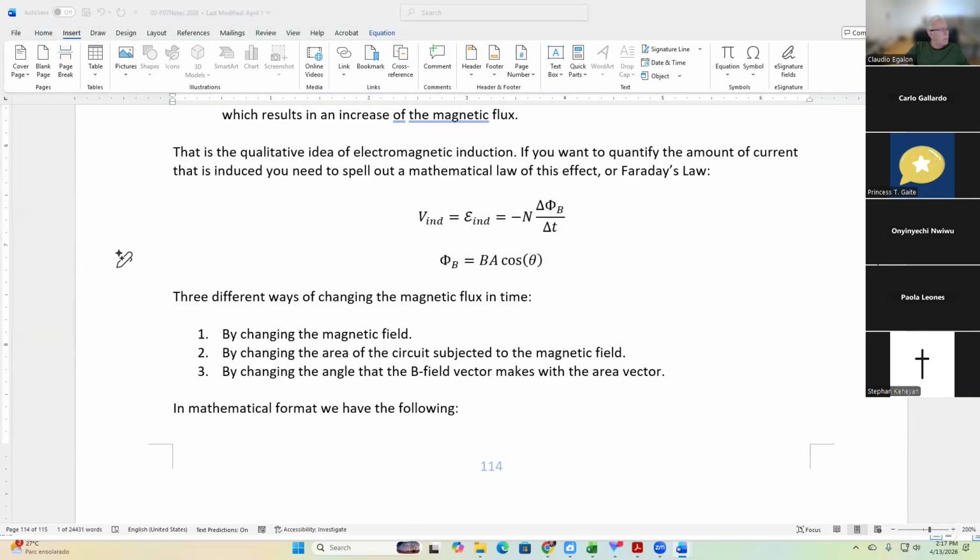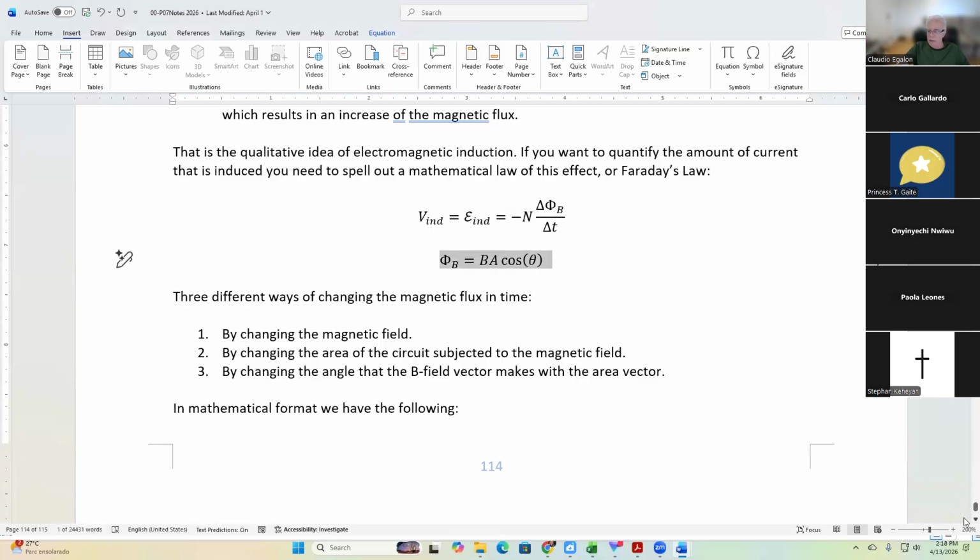Now let's do a mathematical example. Consider the circuit below.